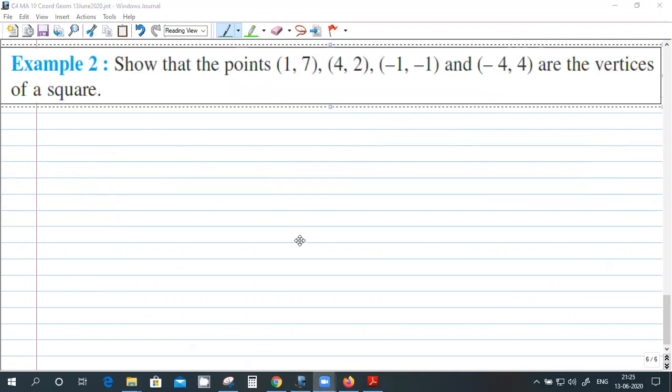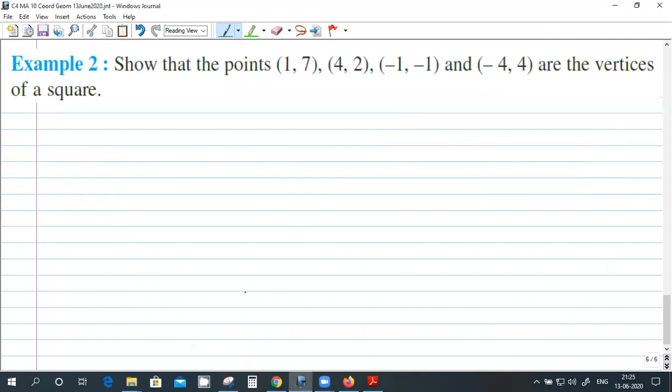It's 1,7, right? Yeah, 1,7. So 1, 1, 2, 3, 4, 5, 6, 7. So 1,7 is this one, and 4,2.